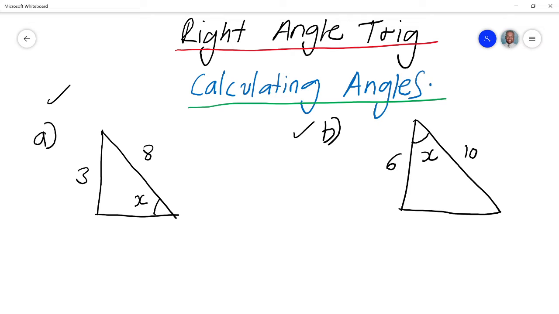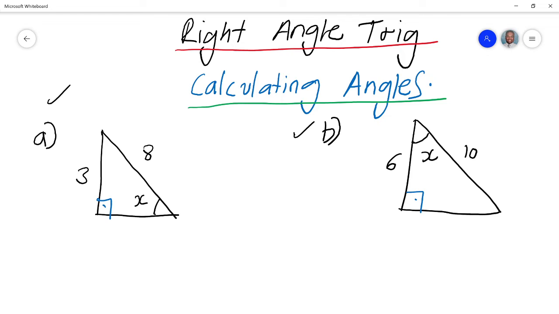Before I proceed any further, like I said in the previous videos, it's good to know your trig ratios, which is SOHCAHTOA. For those who are not too sure, you can refer to my previous lessons to see what SOHCAHTOA means. When you're working out right angle trigonometry, you need to remember the angle has to be 90 degrees, and you can notice the square sign there that tells you that your angle is 90 degrees.